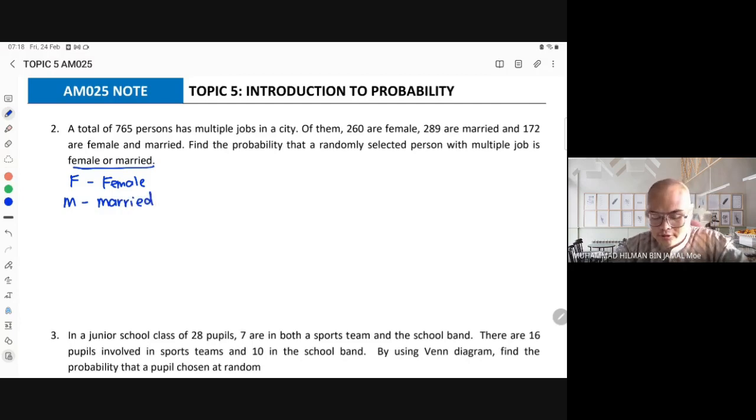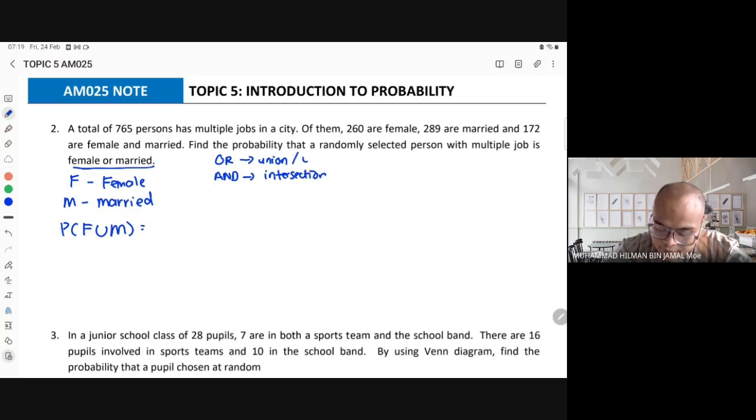So dia nak cari probability of female or married. Okay, so disebabkan dia nak cari kalau or maksudnya union lah. Okay, so or union. Kalau N adalah intersection. So union ni adalah ni, dan intersection adalah yang ini.